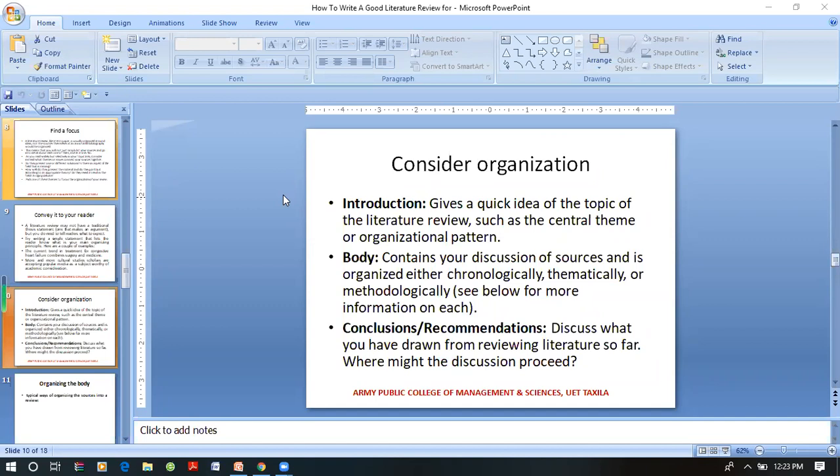Zoya, can you explain the difference between an academic and a review article? Okay, it's no problem.